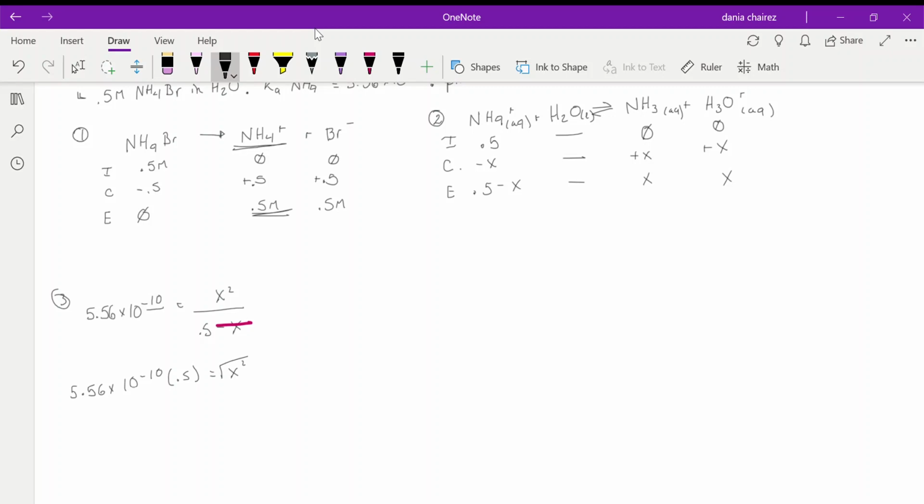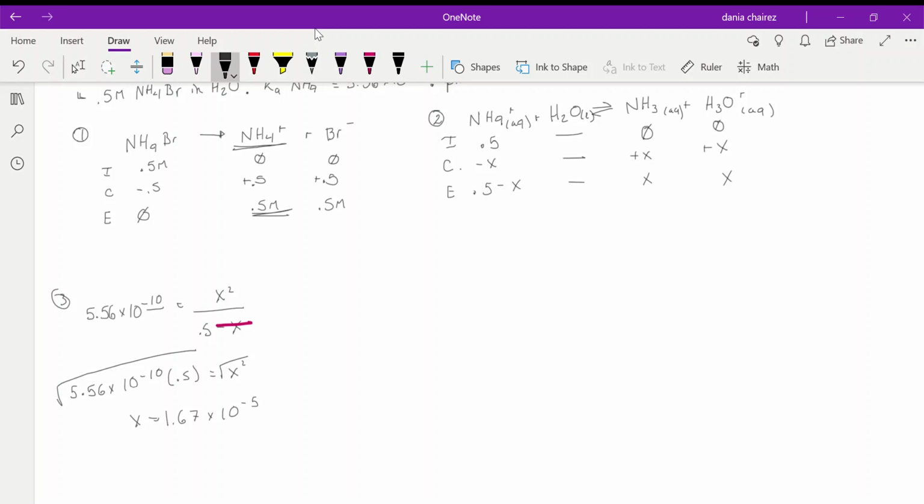It's just the square root of this. So that X is equal to 1.67 times 10 to the negative 5, around about, like I said, rounding and so forth.